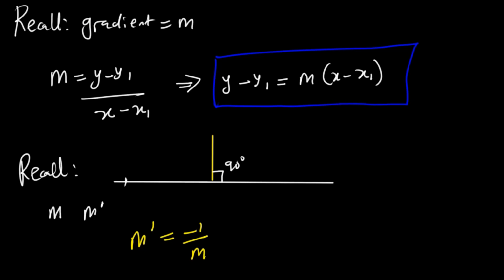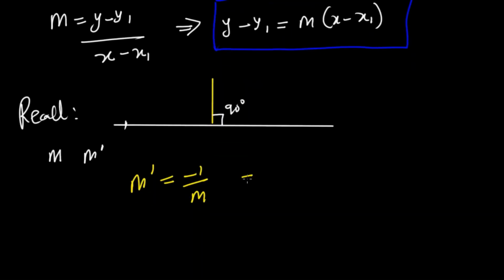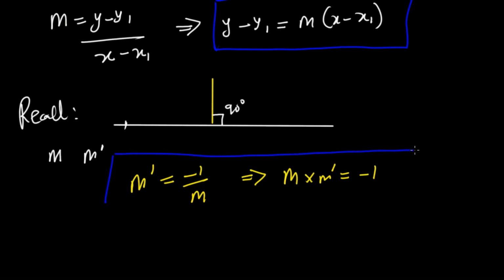Or we simply say that if you multiply the slopes of the two graphs, we are going to get -1. So m multiplied by m prime equals -1. Take note of this. We are also going to be using this expression fully in this course.